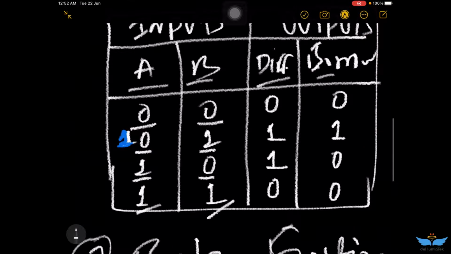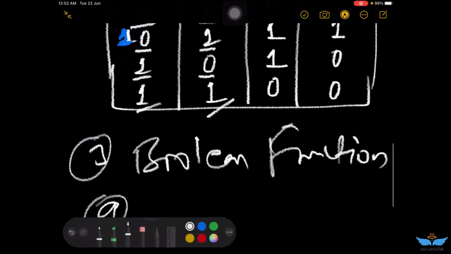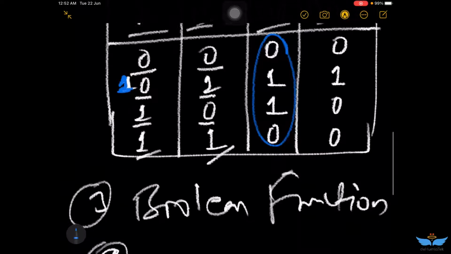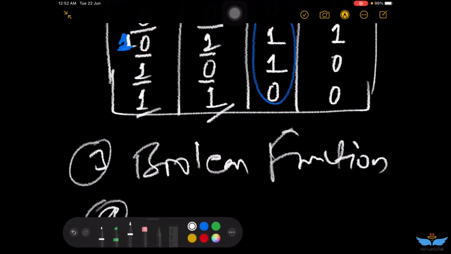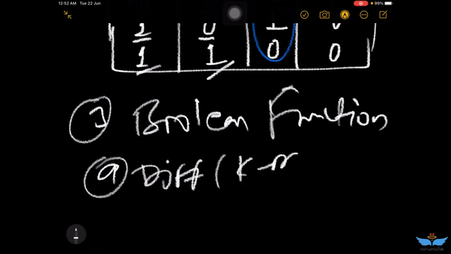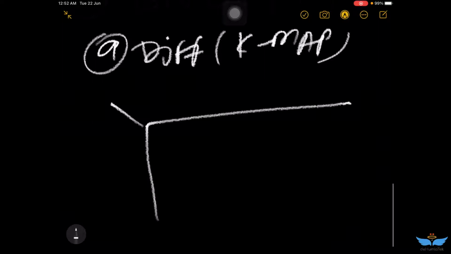So we have to make a separate K-map for each output. Let's take difference as the output right now. For difference we'll have one K-map, so we'll make a template.